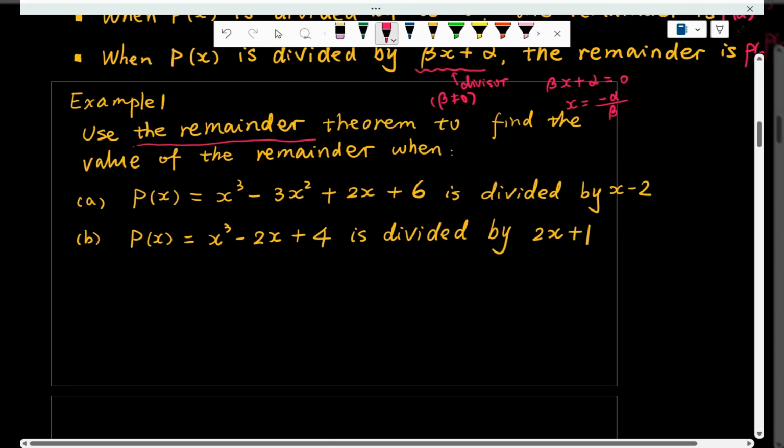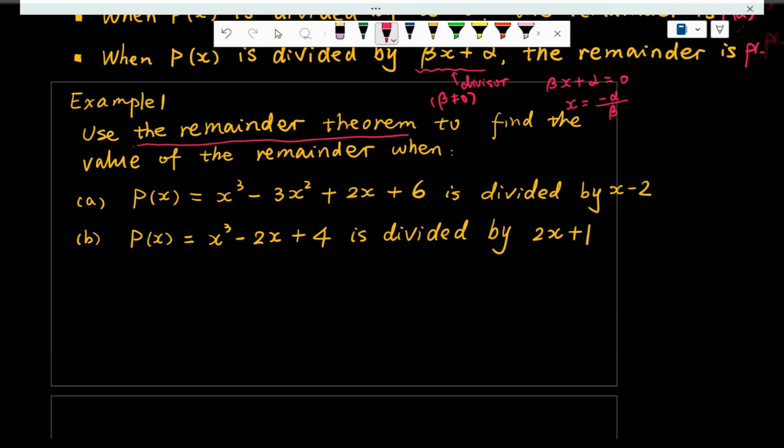Here we have given the question. So p of x is divided by x minus 2. It means x minus 2 is the divisor, and we are going to use the divisor to get the remainder r directly. And how can we do that? Let the divisor be 0, so x minus 2 is equal to 0, and we get the value of x.